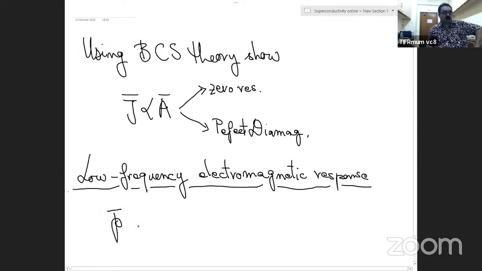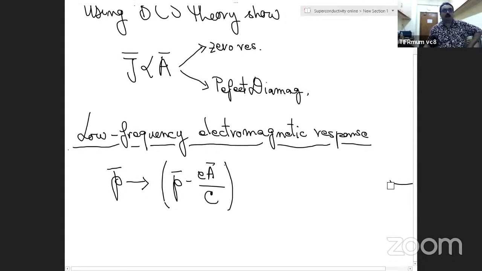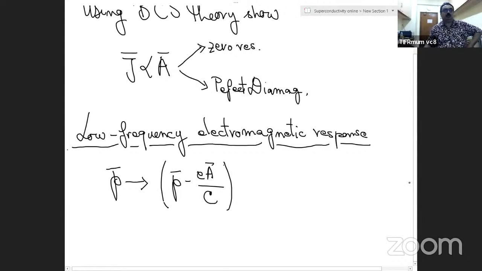You know that if I have a magnetic field or a vector potential, then the momentum gets replaced by the momentum and the field momentum. So P gets replaced by P minus eA by c. Here I am using CGS units.